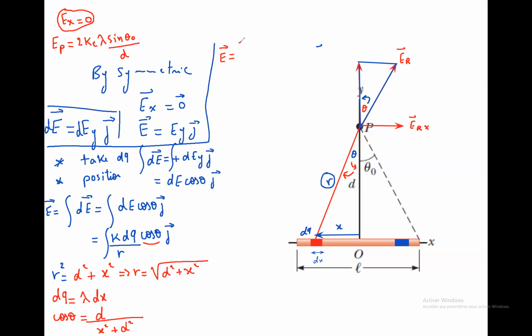Okay, let's equal k, dq equal lambda dx, this dq, cosine theta equal d divided by radical x square plus d square, divided by R, which is equal to radical x square plus d square. All these values in the direction of j.